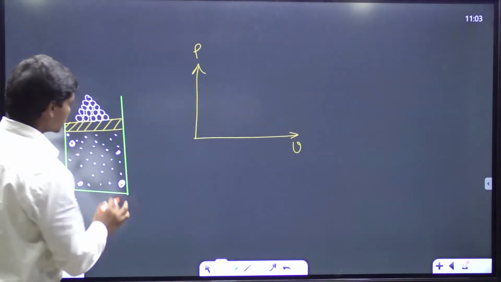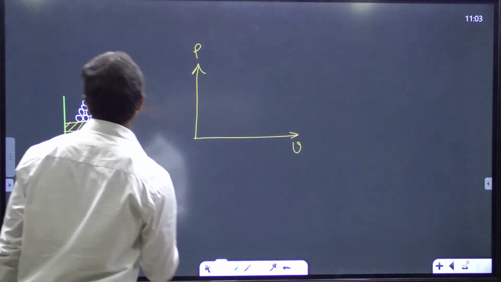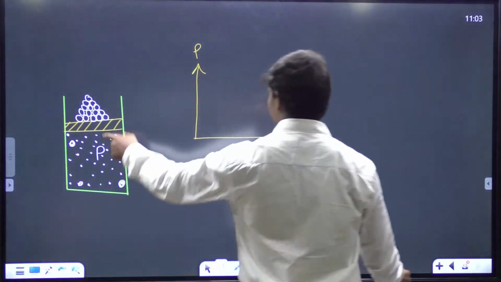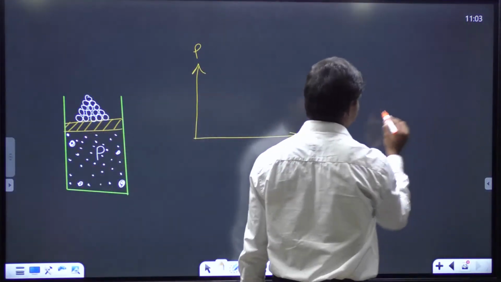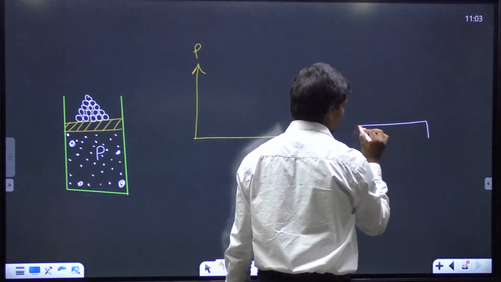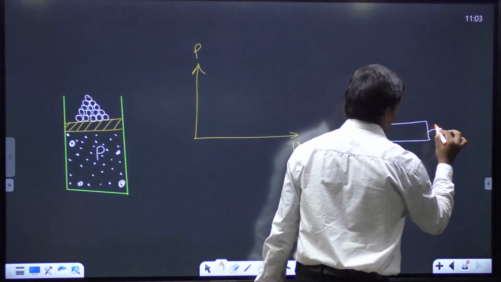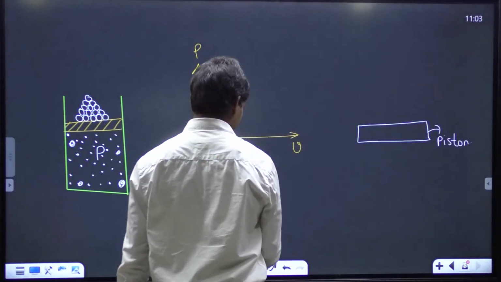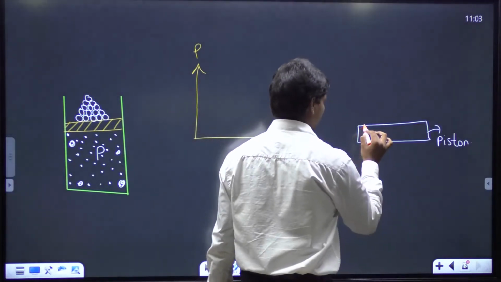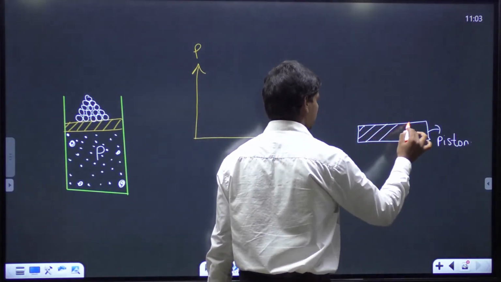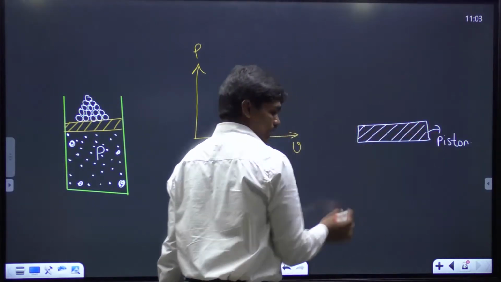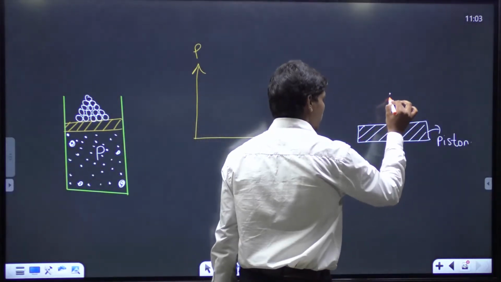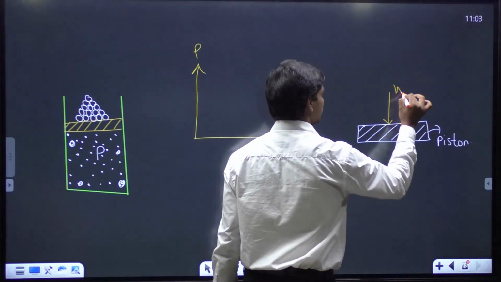So at this moment, if P is the pressure, see here, if I draw this piston free body diagram, now if you write the forces on this, there is weight because of this jumps.